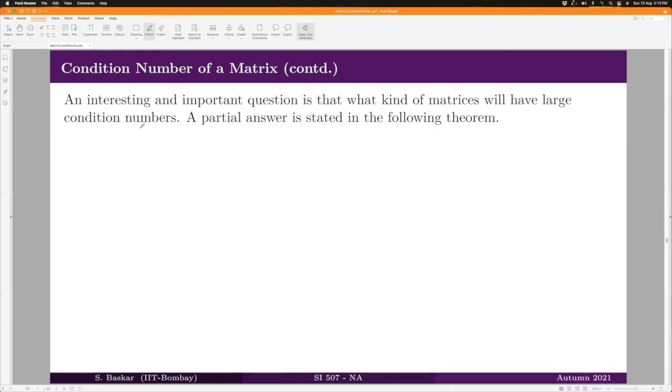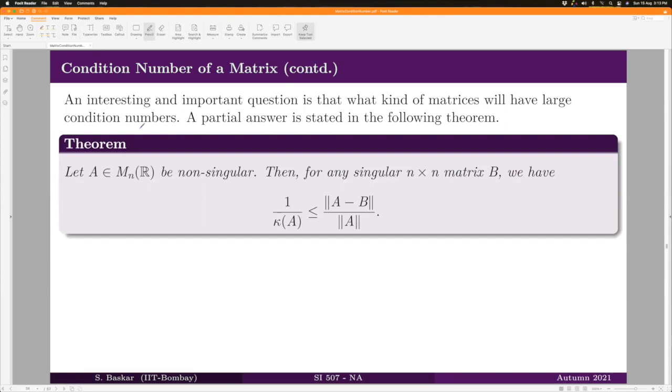The next interesting and important question is, what kind of matrices will have a large condition number? Well, it may be very difficult to categorize those matrices with large condition number. However, we can give some partial answer to this question. This is done in the form of a theorem.